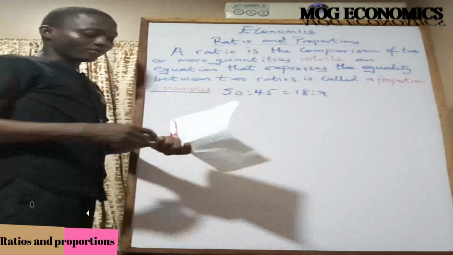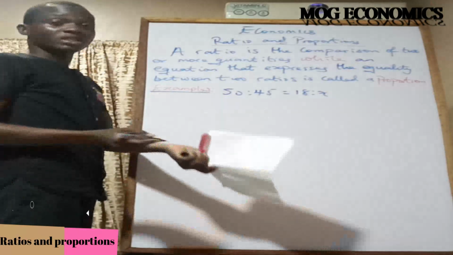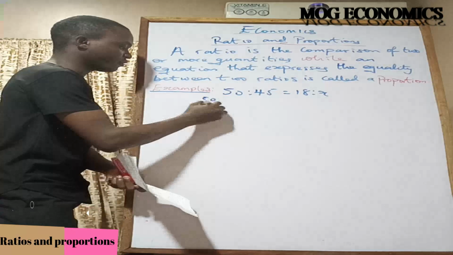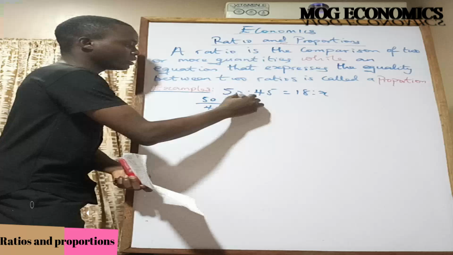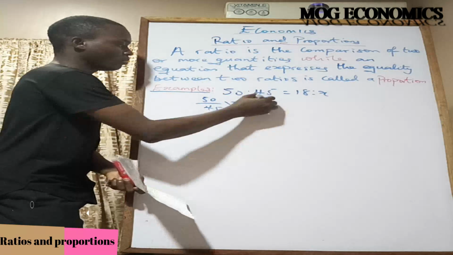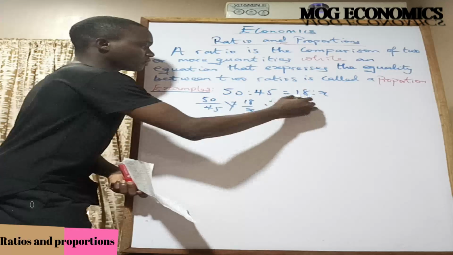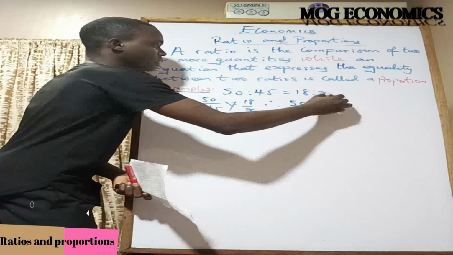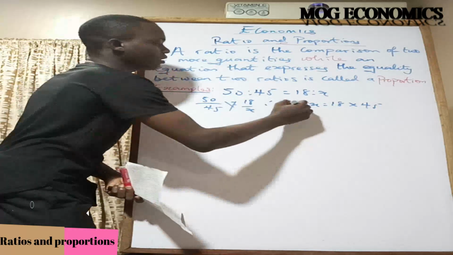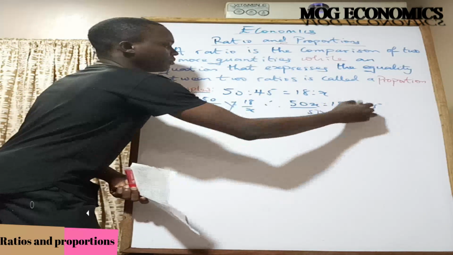Now, how do we get the value of x if you are given a question like this? It is simple. 50 ratio 45 is the same as 50 over 45, which equals 18 divided by x. So we cross multiply, and we have 50x equals 18 multiplied by 45, divided by 50 on both sides.